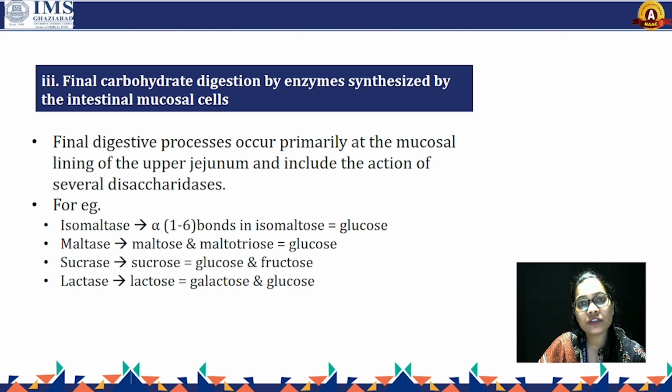Similarly, if we have consumed sucrose, the sucrase enzyme acts on sucrose and cleaves the bond to give glucose and fructose units. Similarly, if we have consumed maltose or maltotriose, the maltase enzyme cleaves the bond and gives us glucose units.